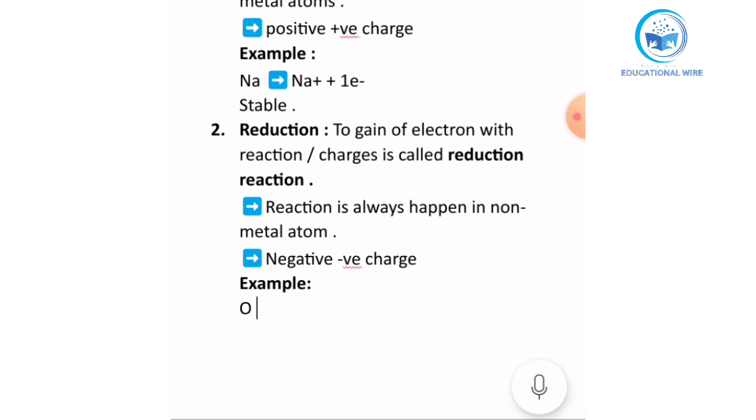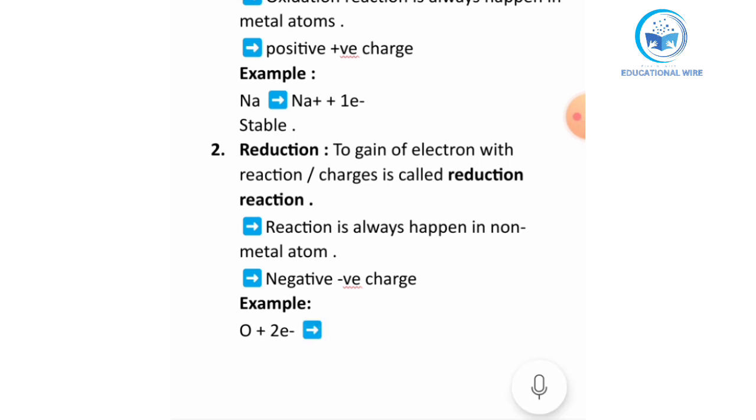So we write O plus 2 electrons to be stable. Whenever we gain electrons, we have a negative charge, so we get O with charge 2 minus. We have gained 2 electrons, and we put the negative charge of 2. Hope you understood this one.